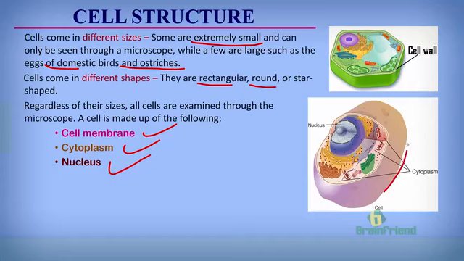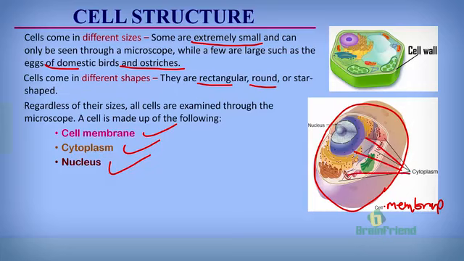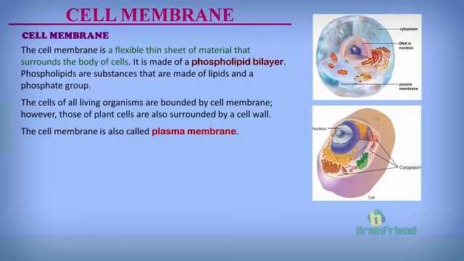So this is the cell membrane surrounding the cell, the cytoplasm within the cell, and the nucleus. So we're going to look at these various parts of a cell, one after the other. We'll start with the first part, which is the cell membrane.